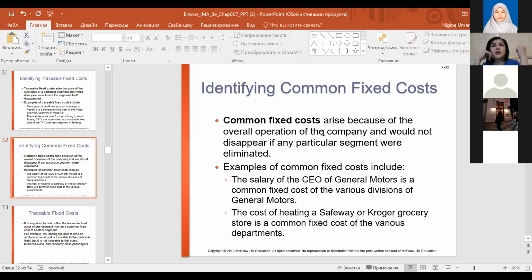Even if the General Motors branch is closed in Uzbekistan, the salary of the CEO still will exist. So the company still has to pay the CEO of General Motors. So got the point, common fixed cost and traceable fixed cost.